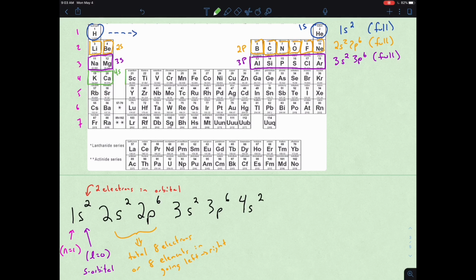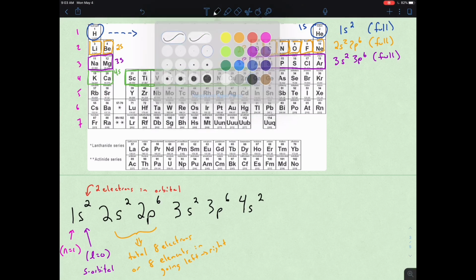And then we have this big block of elements here from scandium all the way over to zinc. Now, if we count up the number of slots, we'll find that there are actually 10 of them. And so this is where the D set now comes into play. We've talked about S and P. Now we need the D set to come.